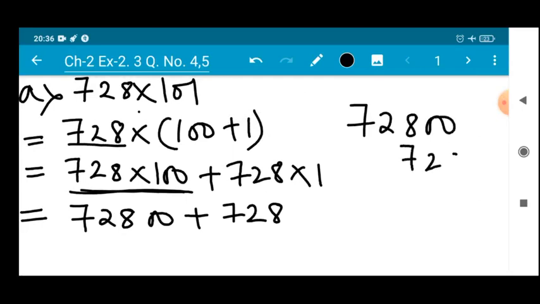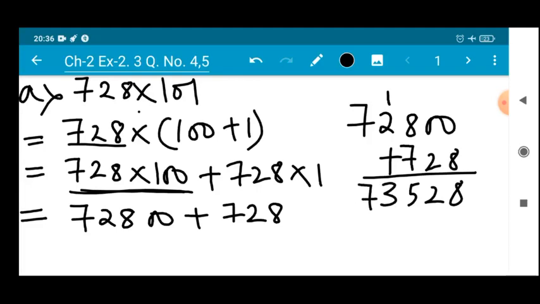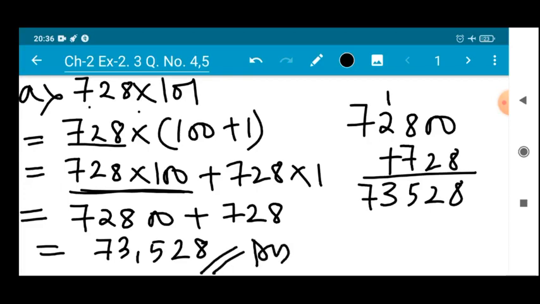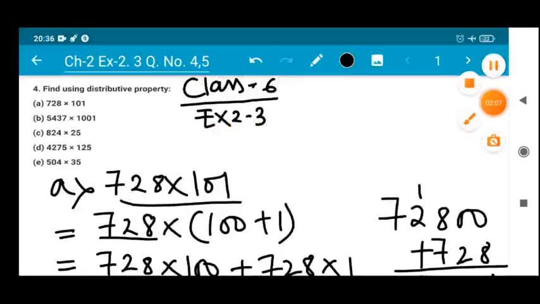So 728, when you add, 8 plus 8 is 16... 2 plus 1 is 3, and the answer is 73,528. So when you multiply 728 into 101, you'll get 73,528 as the answer.